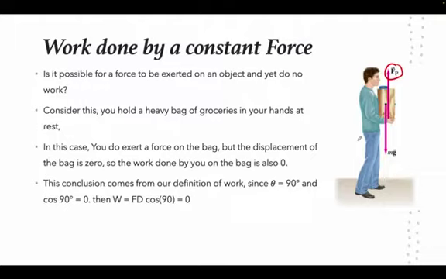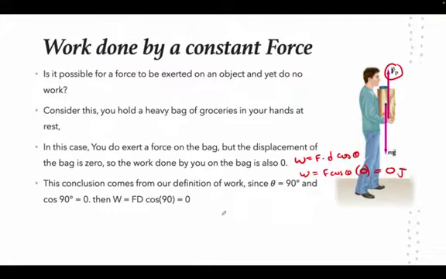Okay? Now, we can see this in 2 different ways. One way is seeing that the displacement is 0, so we can find out that work is equal to force times displacement. So if this is 0, then work is equal to force cosine theta times 0, which gives me 0 joules.